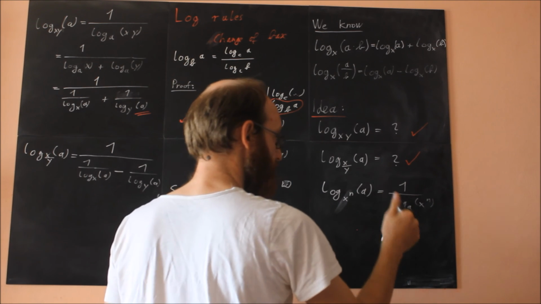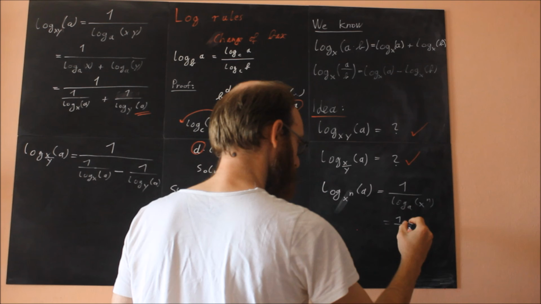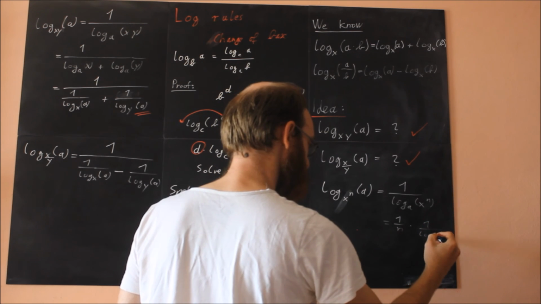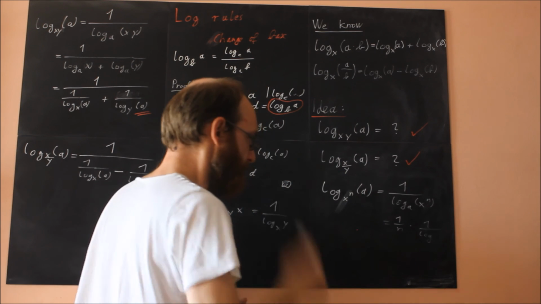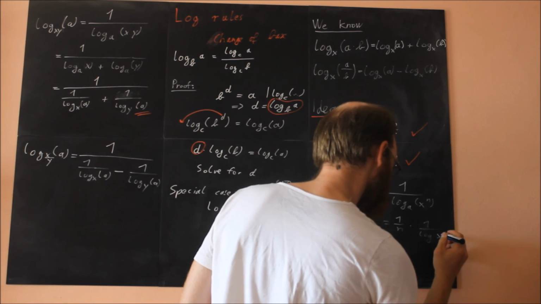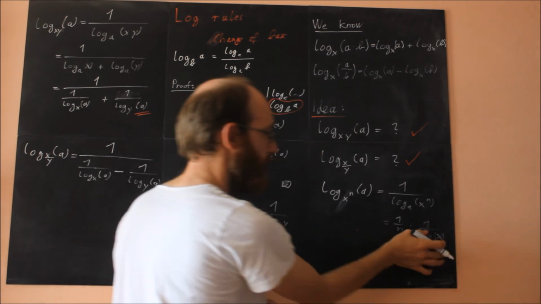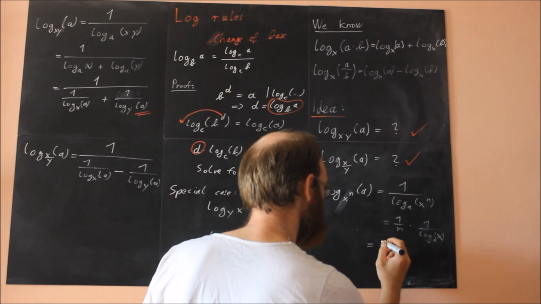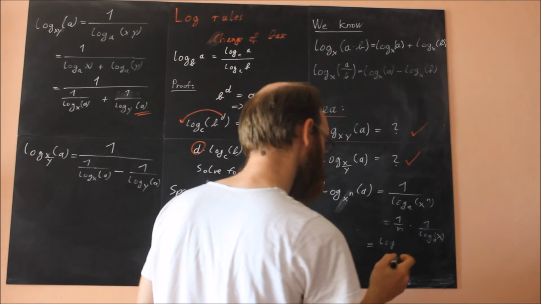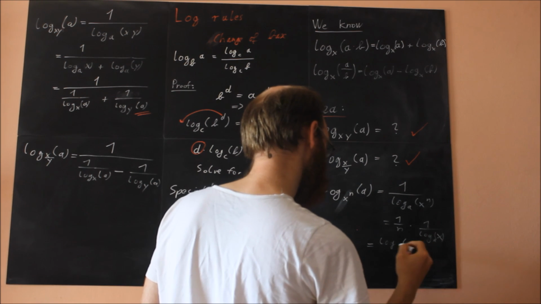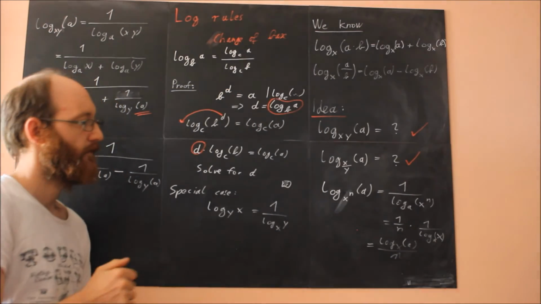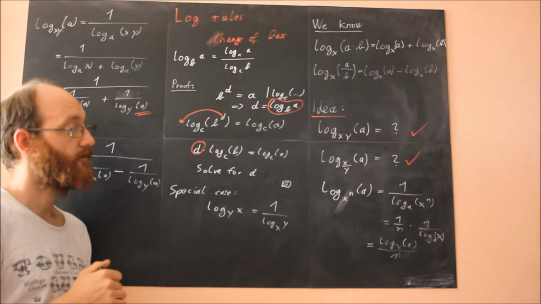Now the exponent can come out: 1 over n times 1 over the logarithm of x to base a, and now we use this rule again, and we find the logarithm of a to base x over n. And this is the third result I want to show.